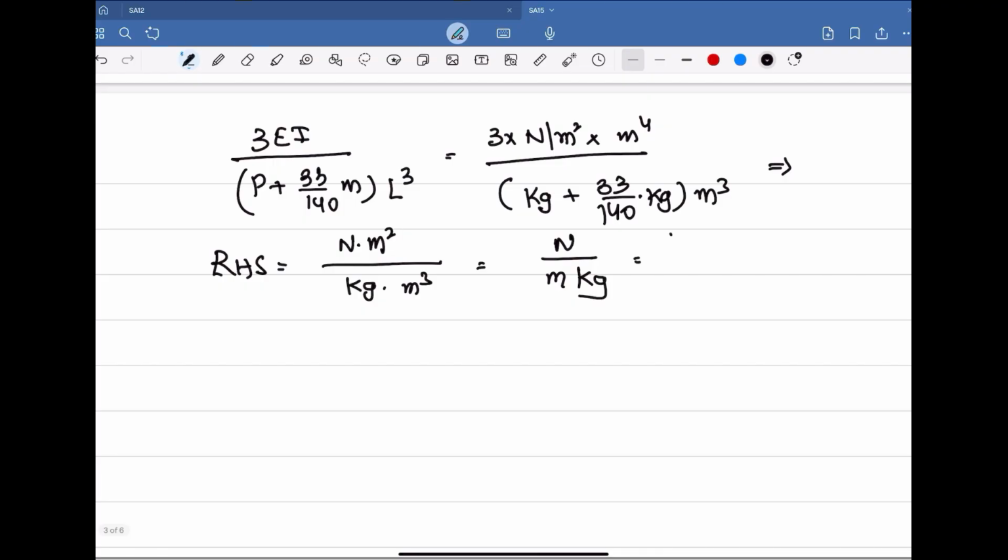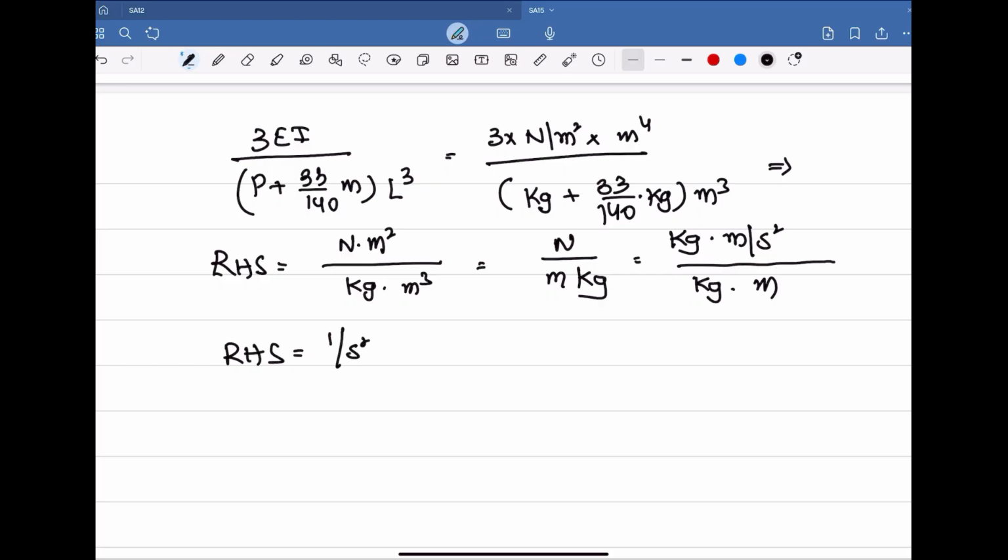What is Newton? Kg into meter per second square. MA is equal to force as per Newton's law. Here kg into meter. That implies right hand side is equal to, meter gets cancelled, kg gets cancelled, it will be 1 by second square.